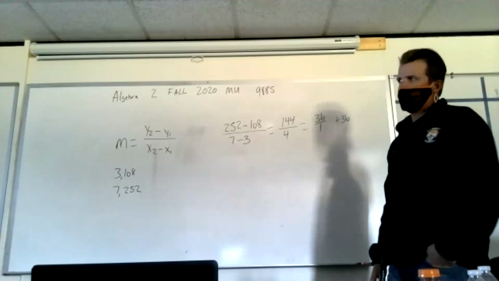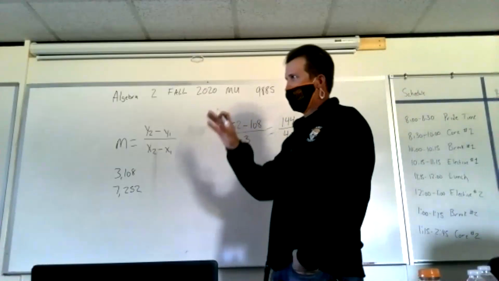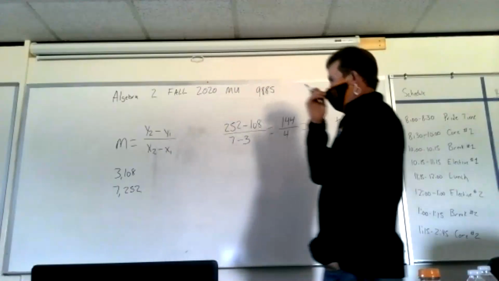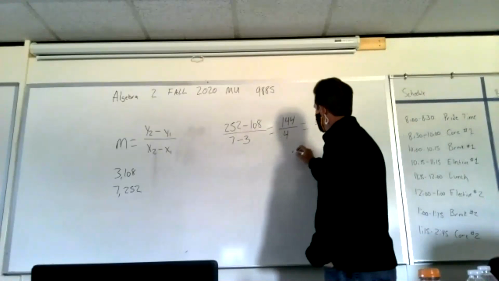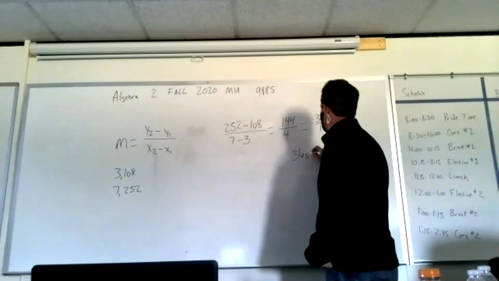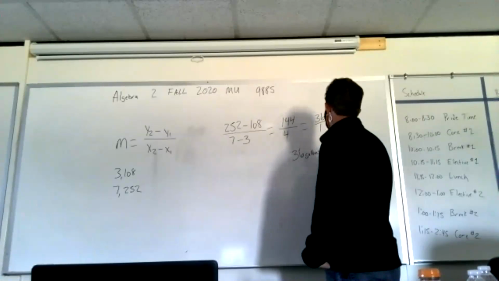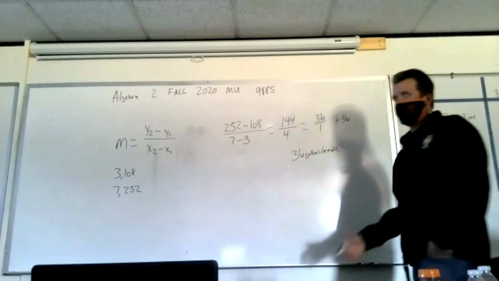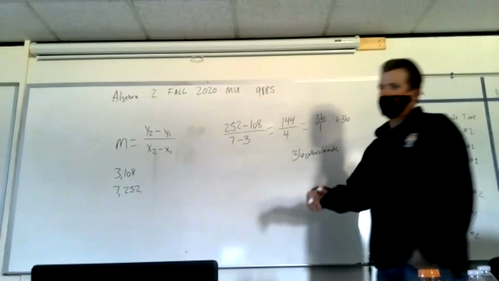As it correlates to the problem, we're talking about filling a swimming pool, and they want to know what the rate is that we're filling. So this means that we're filling at 36 gallons per minute, where the change in y represents how many gallons we added, and the change in x represents how much time has elapsed.